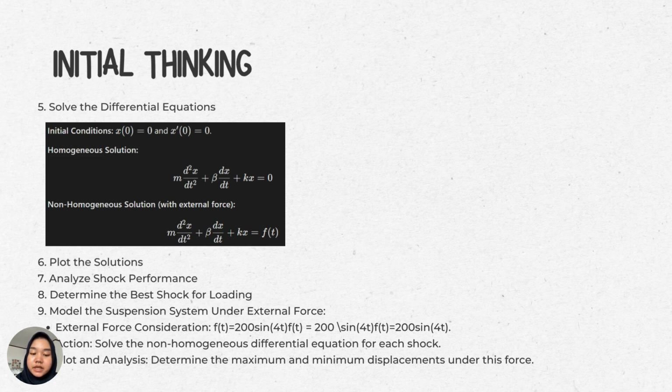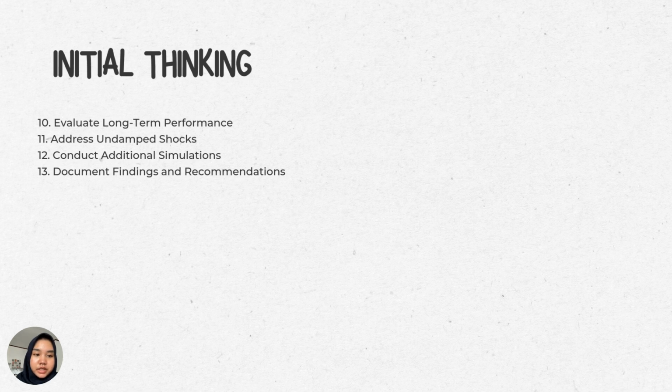And for the plot and analysis, determine the maximum and minimum displacement under this force. Number 10, we evaluate the long-term performance. The consideration is long-term risks such as bottoming out and continuous protection of the satellite. Assess the shock's ability to maintain performance over time.